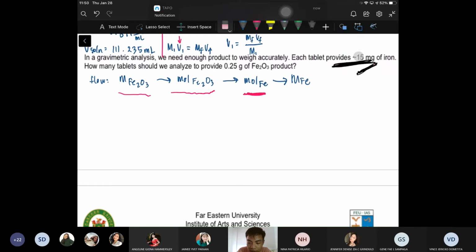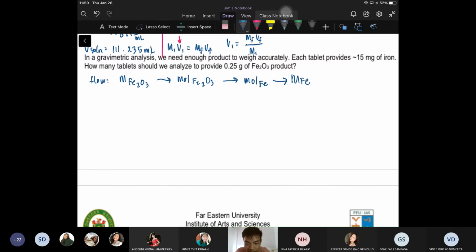Okay. So yun, ka-convert natin siya to iron, to the mass of iron eventually. Then, aalamin natin kung ilang tableta ang equivalent sa ganung mass ng iron, given that each tablet will give us 15 milligrams of iron. Okay? So, let's do that. Medyo mahaba lang itong solving na to, pero kaya-kaya yan. Okay?